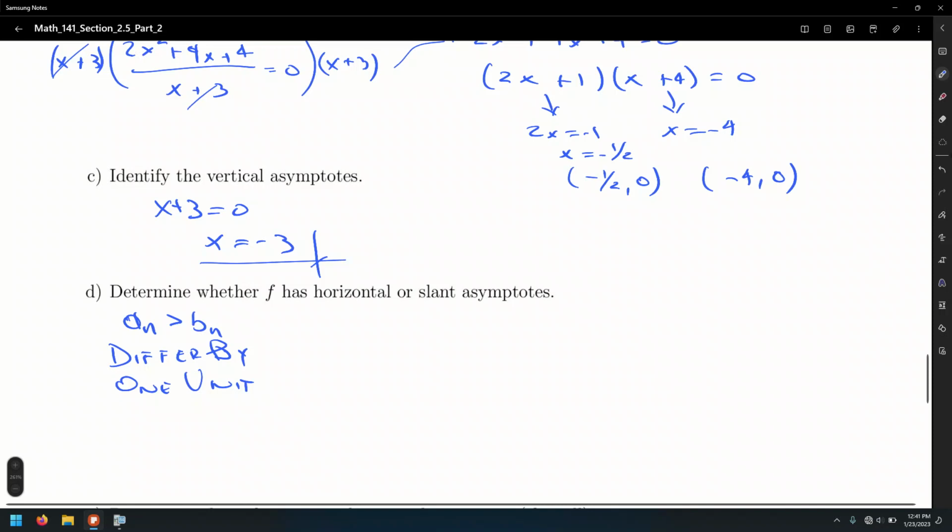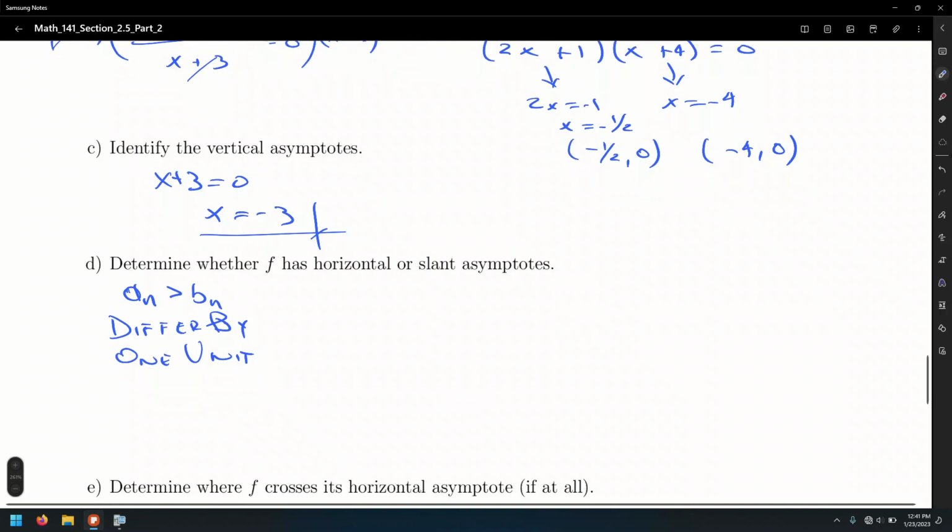Well, there's a lot of weird things, and in this case, all we have to do is perform the polynomial long division. That is 2x squared plus 9x plus 4, and in this case divide by, well, let's write down the divisor, which is x plus 3. So we need to do this polynomial long division to figure out what the slant asymptote is. That is, it's going to be a diagonal line.